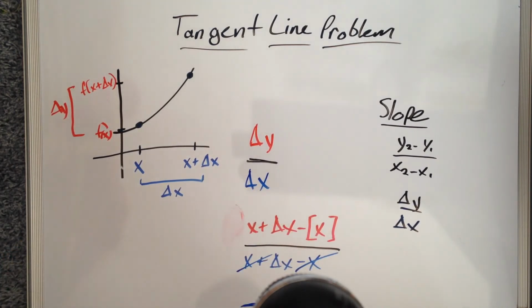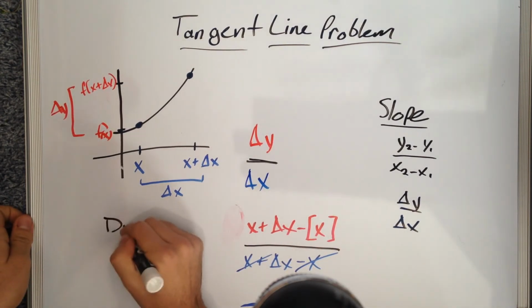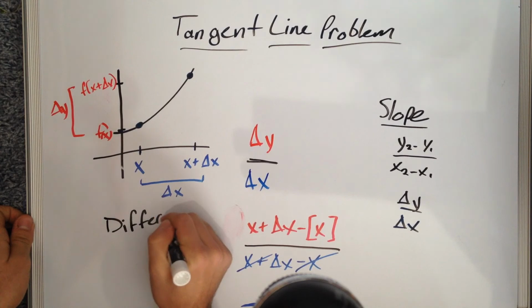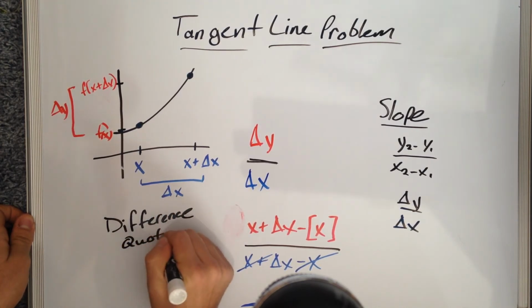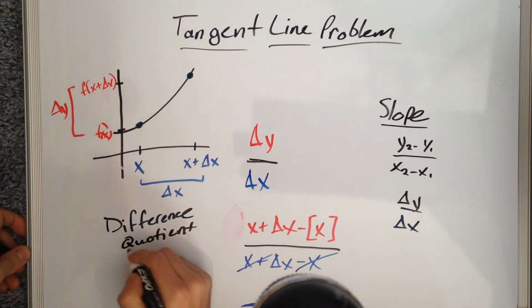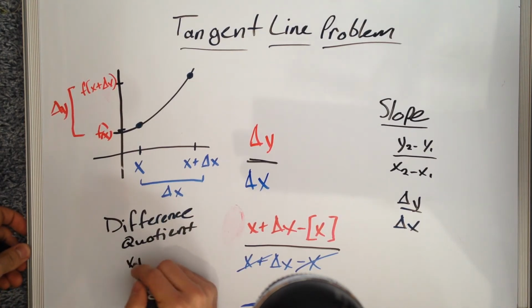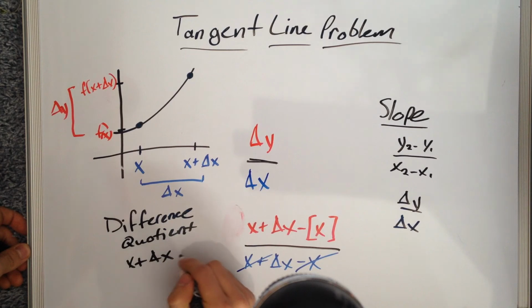So our final difference quotient, this is what it's called, the difference quotient, is going to be f(x plus delta x) minus f(x) all over delta x.